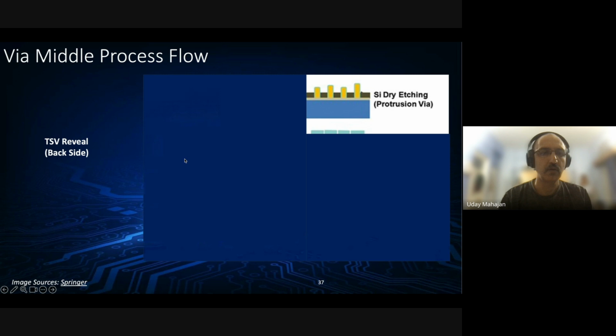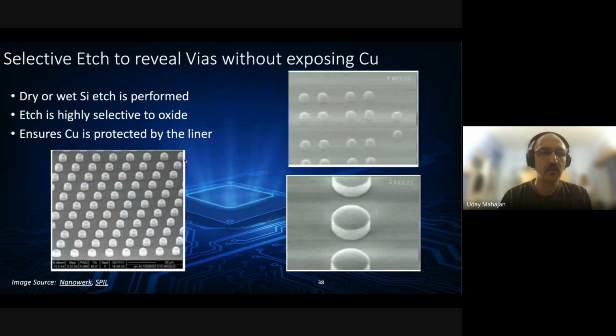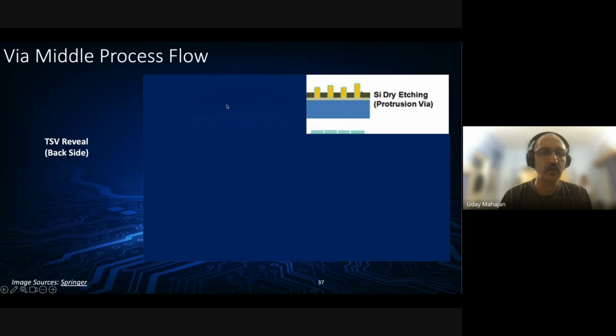Next step, once you've thinned it down, is to expose the TSVs themselves. This is done typically through dry etching or plasma etching. That etch process is highly selective to the oxide liner. Now, if you look here, you would remember that an oxide liner is put down before the TSV metal layers are put down.